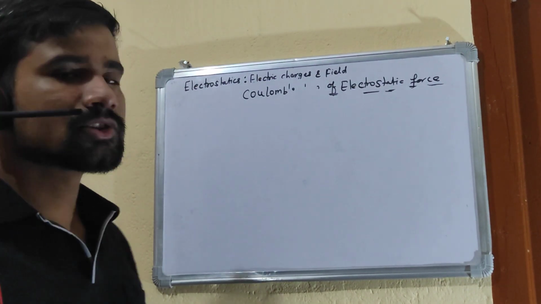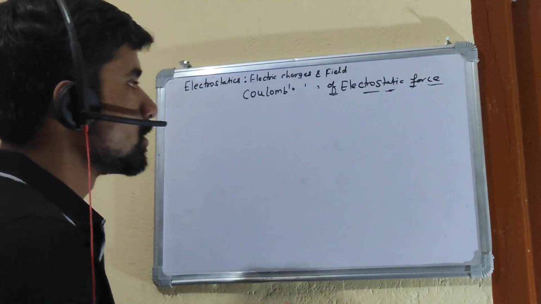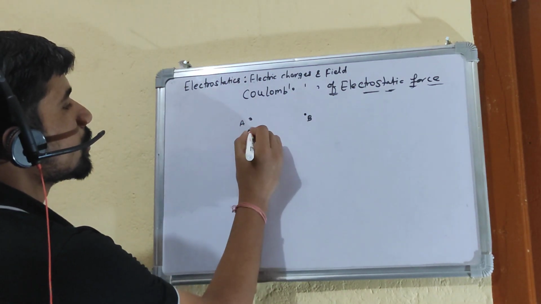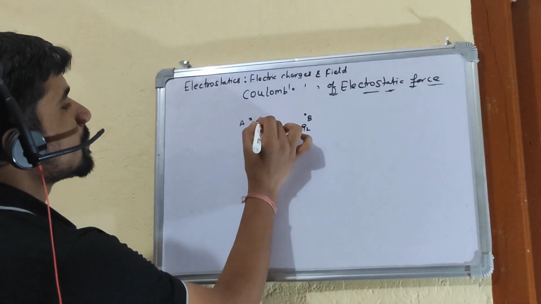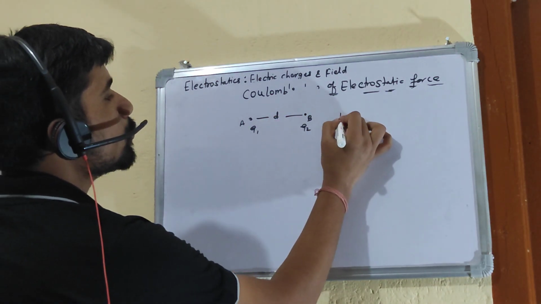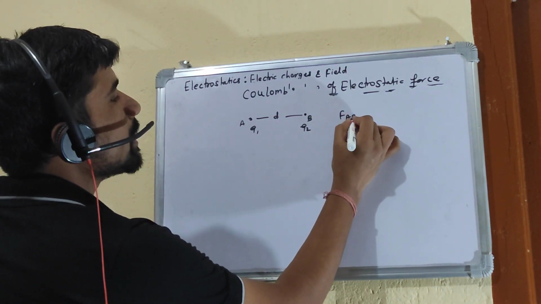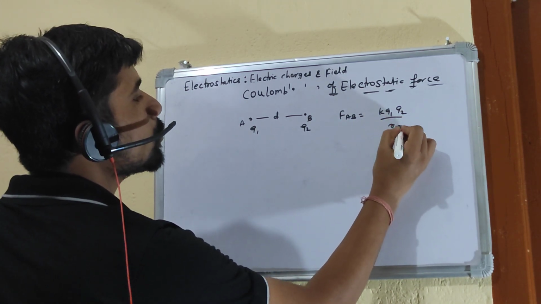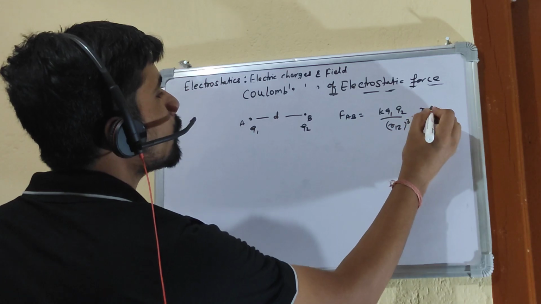Right? So we just talked about Coulomb's law in vector form. Let's say that there are two charges, Q1 and Q2, separated by distance d. Force on B due to A will be what? K Q1 Q2 by r12 cube into r12 vector, right?